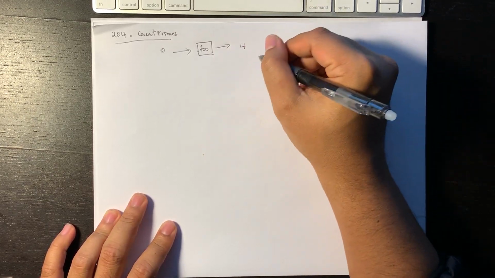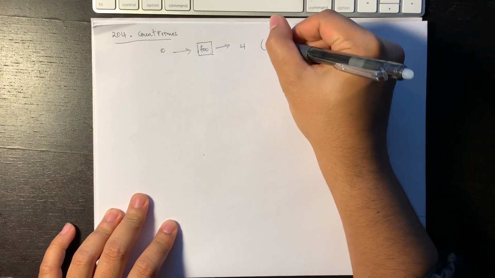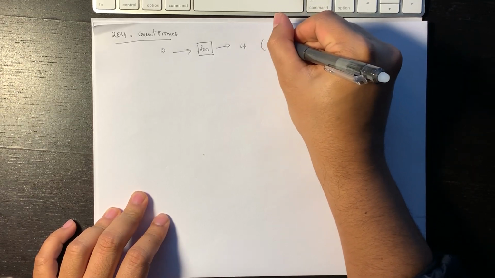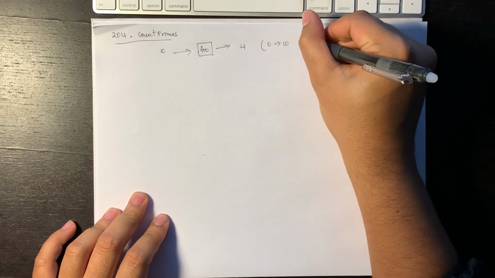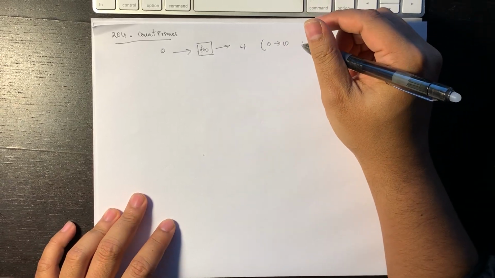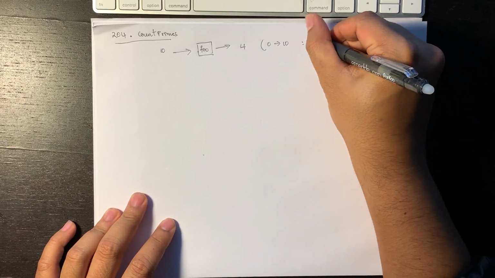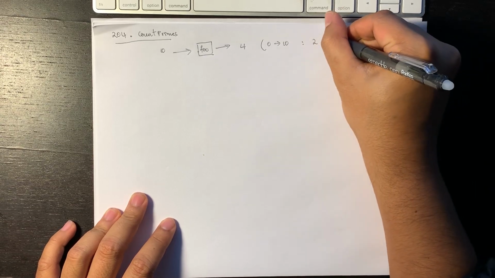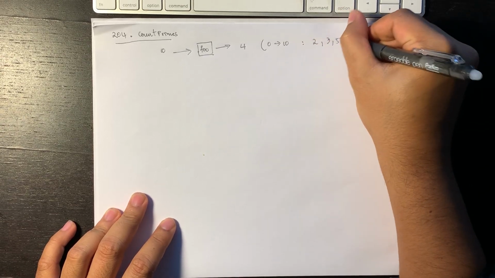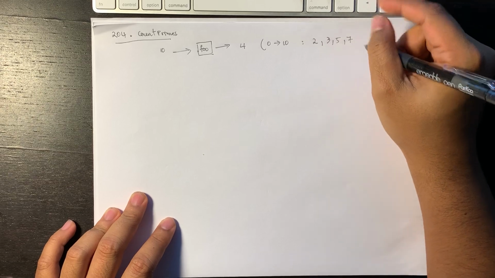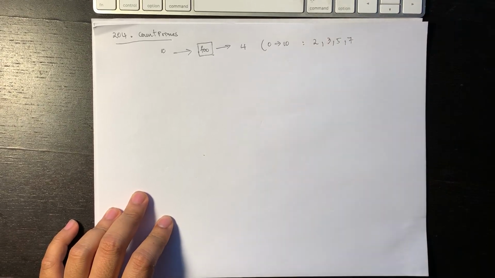The explanation is that from 0 to 10 there are 2, 3, 5, and 7 that are prime numbers.